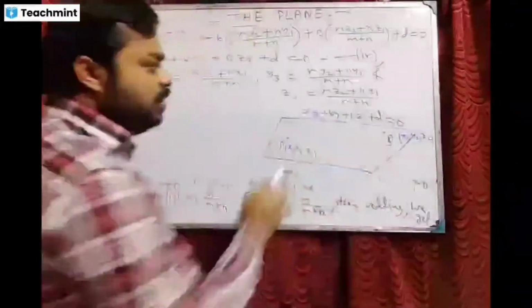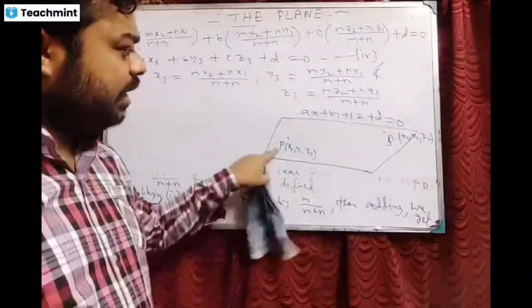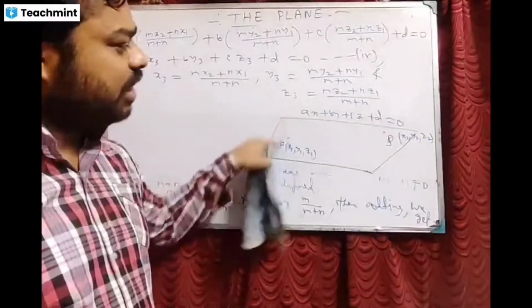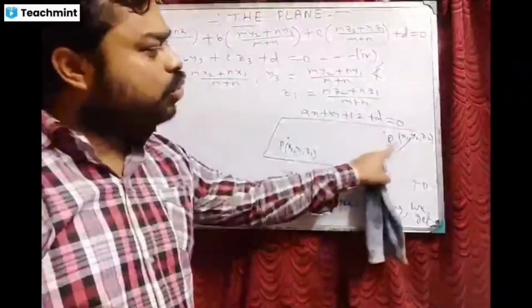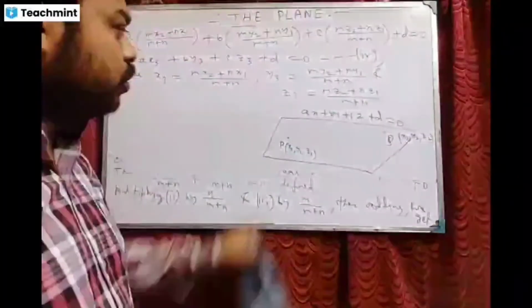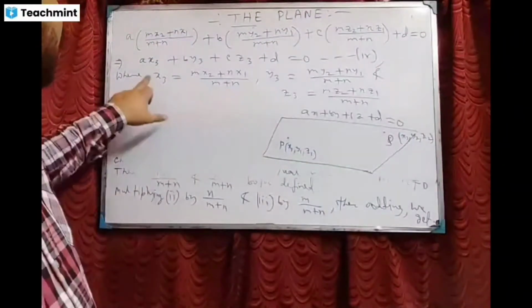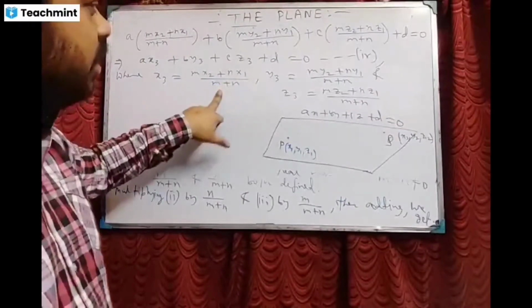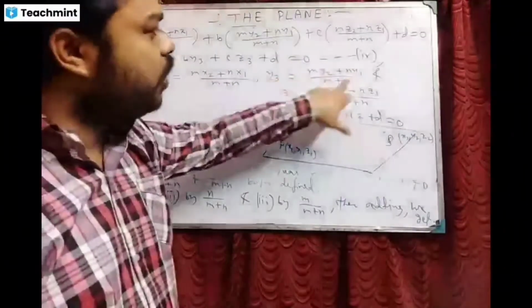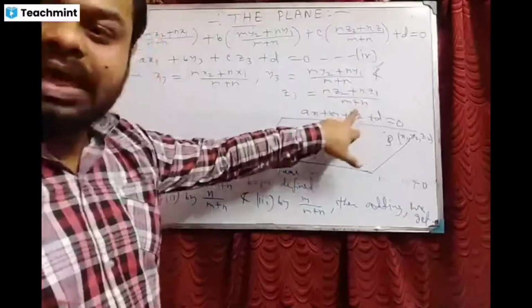So P and Q are any two points on the surface. We see here x3 is (m x2 + n x1)/(m+n), y3 is (m y2 + n y1)/(m+n), and z3 is (m z2 + n z1)/(m+n).